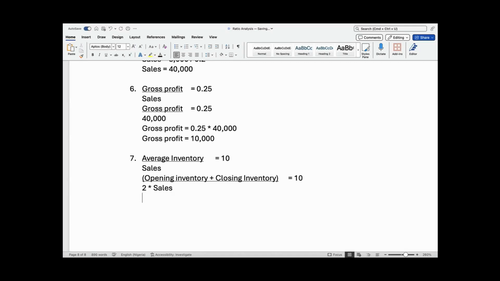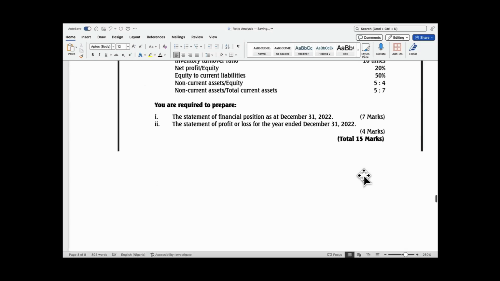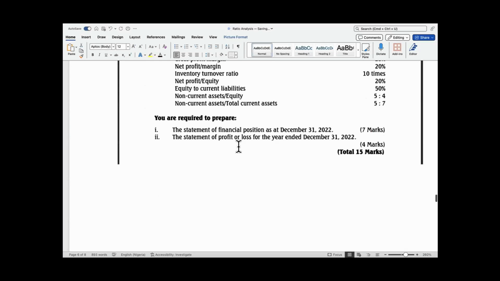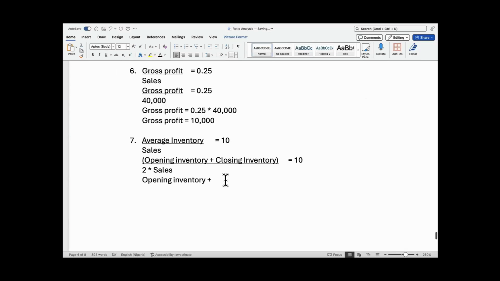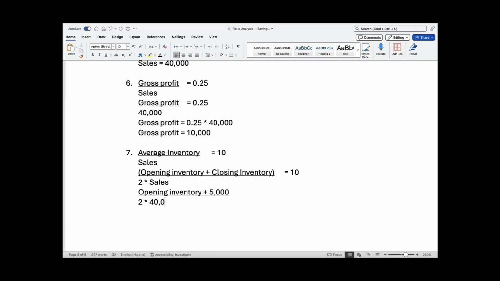Now, I don't know my opening inventory, right? But the question gave us closing inventory as 5,000. So opening inventory plus 5,000, divided by 2, multiplied by sales, and we have gotten our sales before as 40,000, equal to 10.